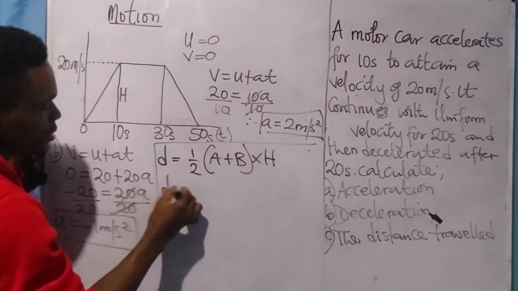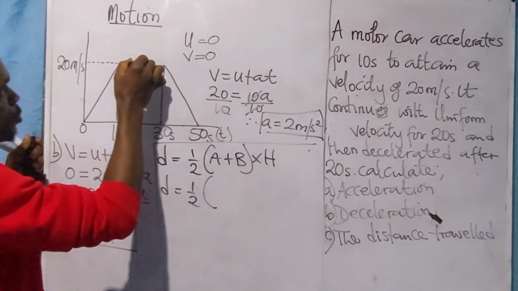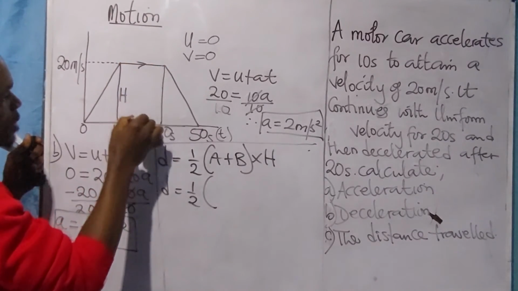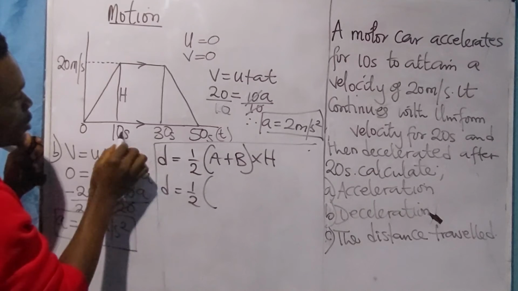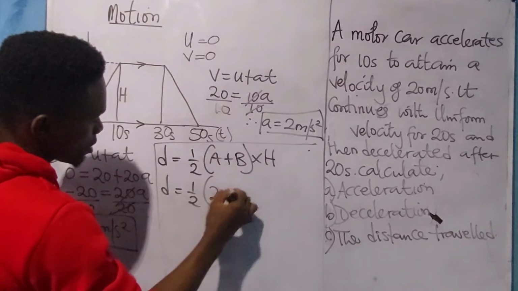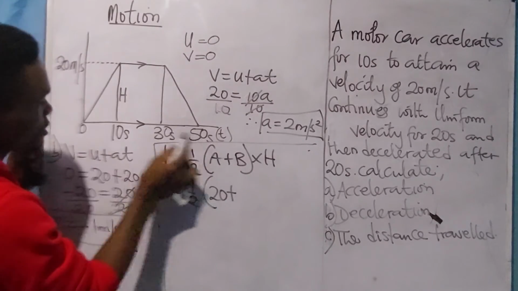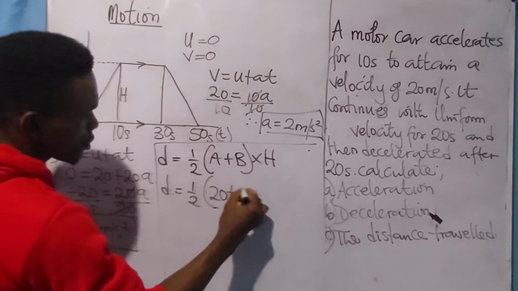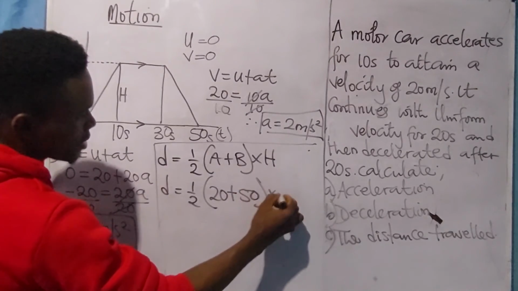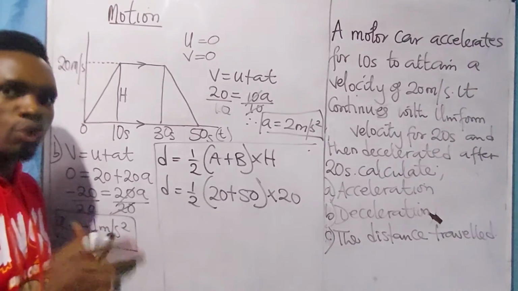Now the distance is equal to 1 over 2. These two sides, this place and this place, are parallel to each other. So this is 30 minus 10, which is 20, plus 50 minus 0, which is 50, and the height is 20. All right, just follow it step by step to understand it.